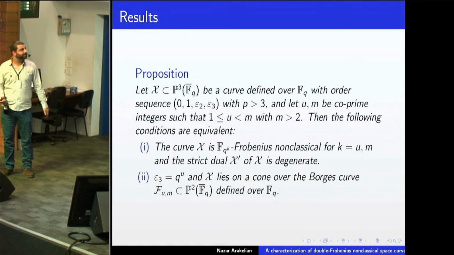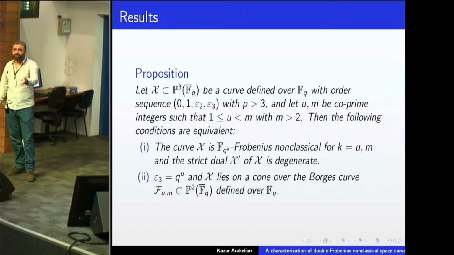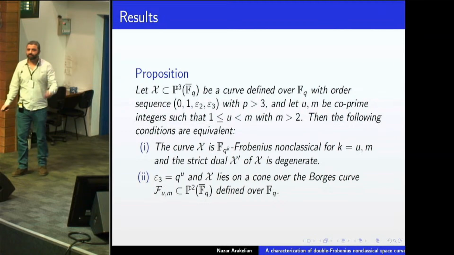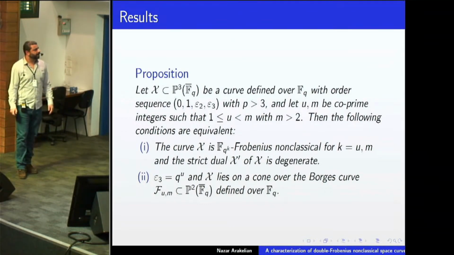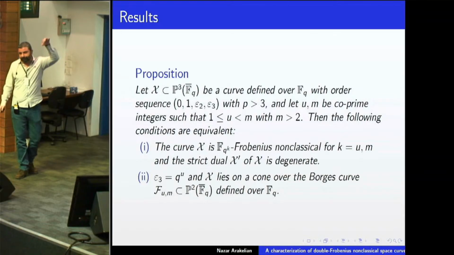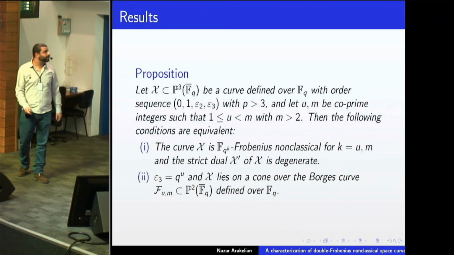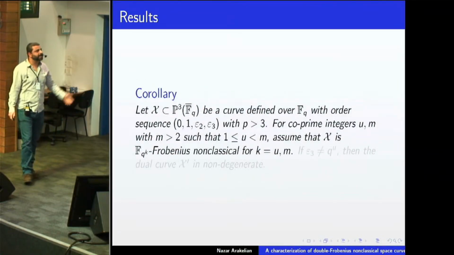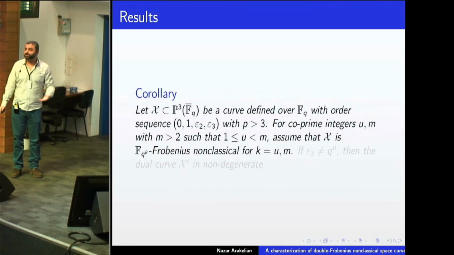I think this is very interesting, because when the dual curve degenerates, then somehow it is related to the only double Frobenius non-classical plane curve. And so you have a cone, you have a projection that sends your curve to the Borges curve. In particular, we have a nice criterion to decide whether or not your curve has a degenerate dual.